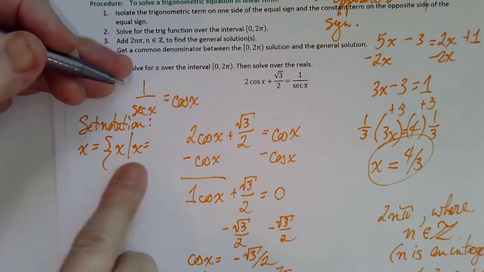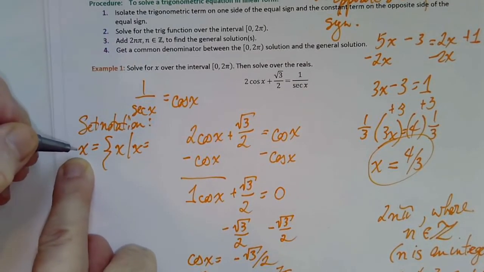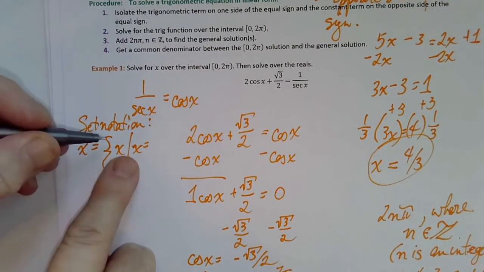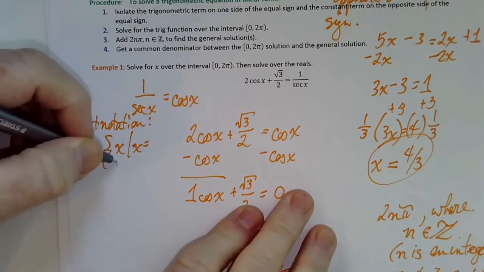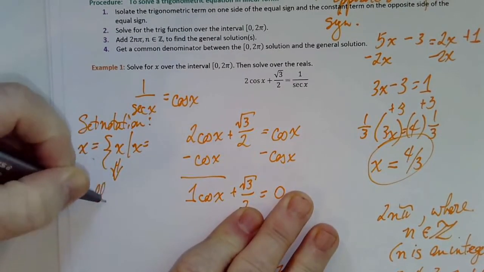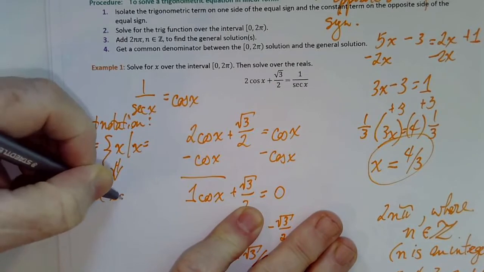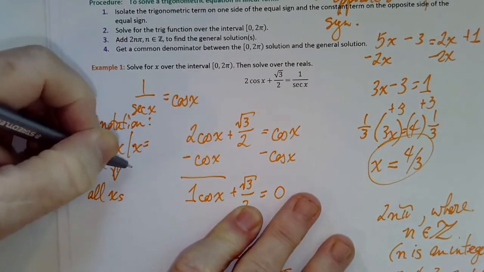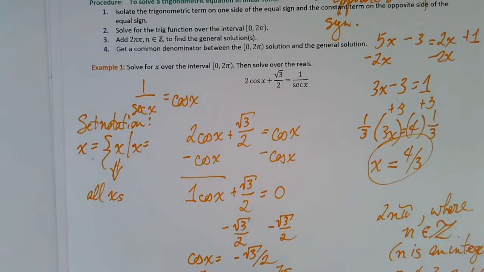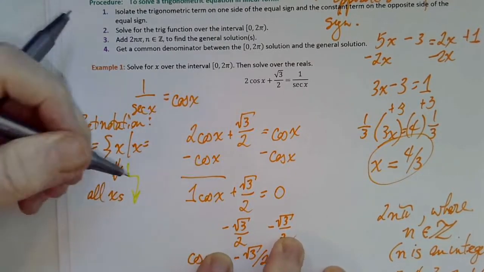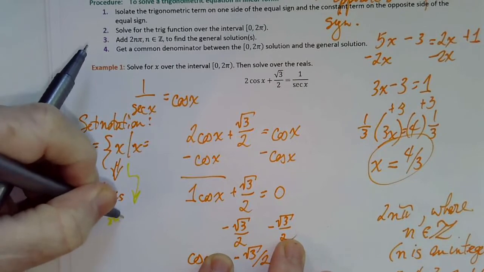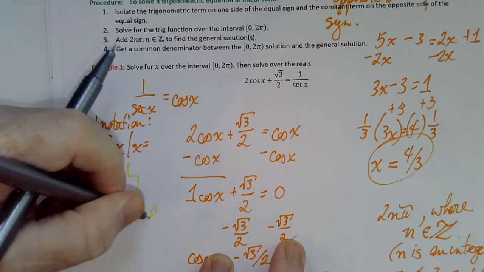So set builder notation says all the x's, so this is all x's, and this line is the words such that.